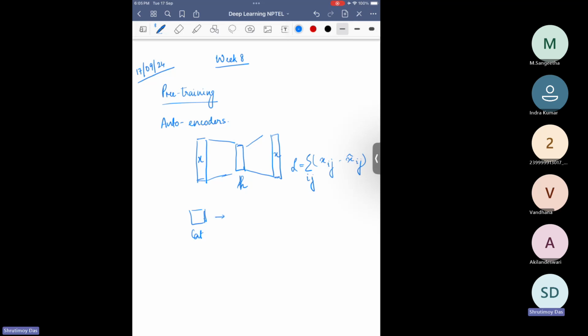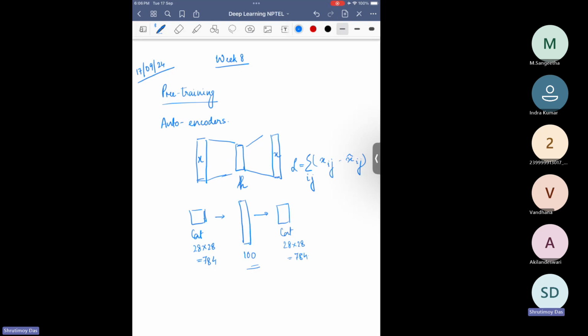So maybe this cat is 28 cross 28, that is a 784 dimensional image. Now you want to learn some hidden representation of the cat. So maybe you are learning some 100 dimensional representation of the cat. Now using this 100 dimensional representation, you want to get back the original 28 cross 28 image.